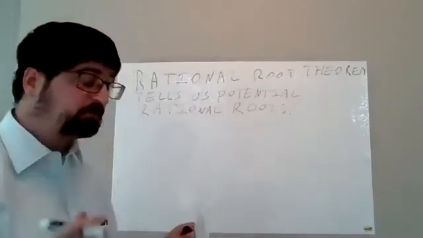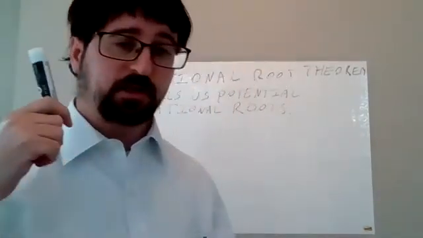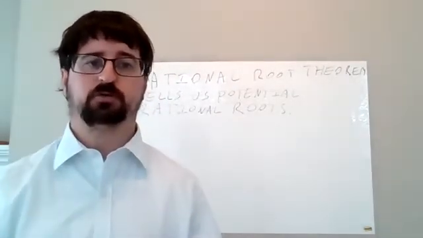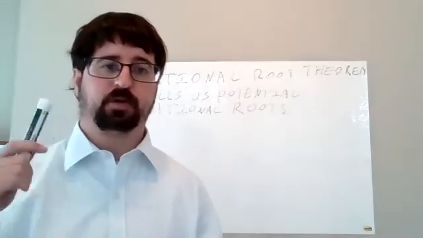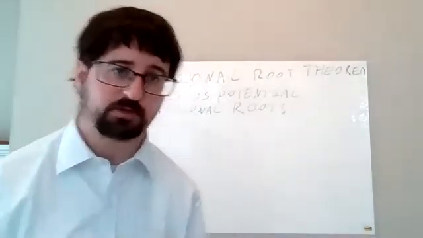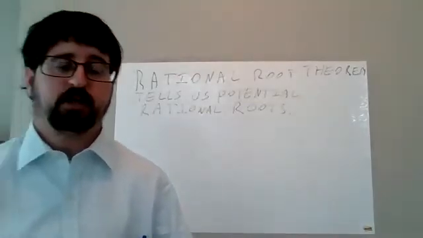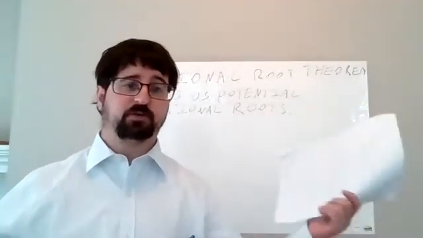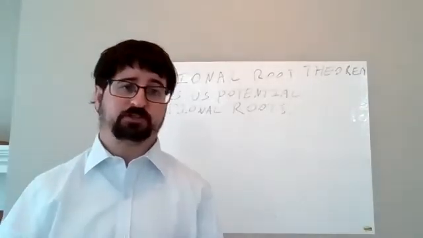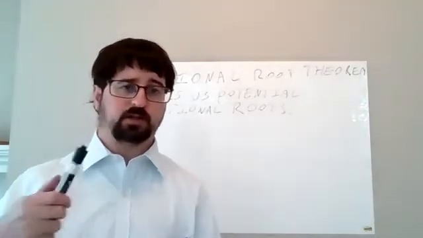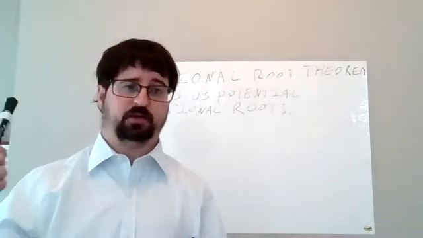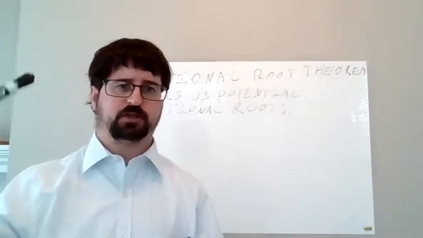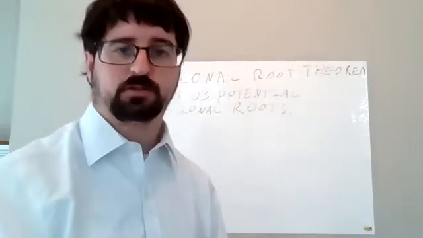It doesn't necessarily, a number we get from this result isn't necessarily a root. But any rational root that is a root has to be on the list we're going to get from this process. Same way, if I list everyone who's eligible to be president of the United States, and I go through the qualities they need, they need to be a US citizen, they need to be at least 35 years old, they need to be born in the US.